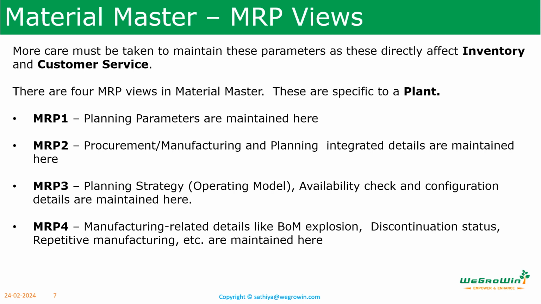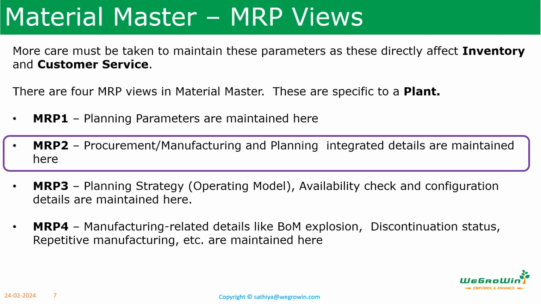As discussed, MRP has 4 views: MRP1 for planning parameters, MRP2 related to procurement and manufacturing related parameters, MRP3 for planning strategy, availability check, configuration of the product details, MRP4 to cover manufacturing related details like BOM explosion, production version, repetitive manufacturing, etc. I am repeating these things again and again because they should be thorough in your mind, as this is the basis for any MRP concept. And MRP2 is the view which we are going to discuss now.